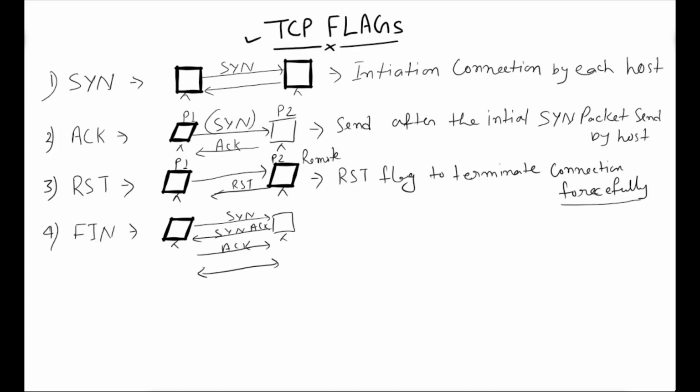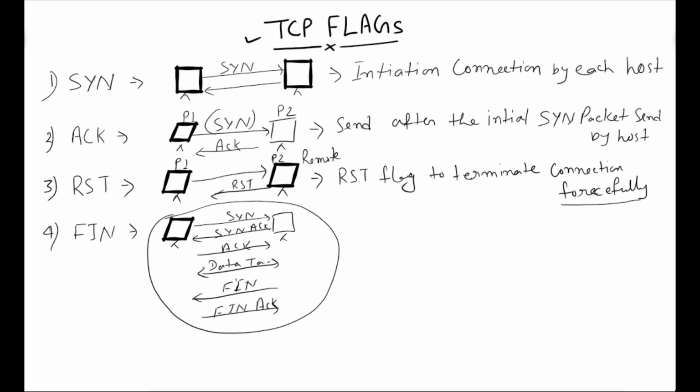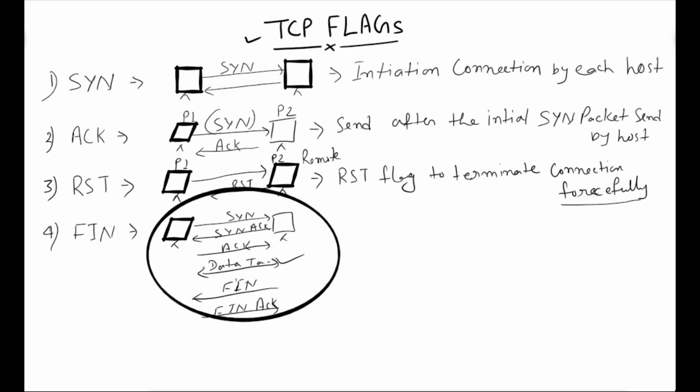Then they do some data transfer, and at the end each of them will send the other a FIN to finish the connection gracefully, and a finish acknowledge. So this is how they completely gracefully terminate the connection after data transmission.